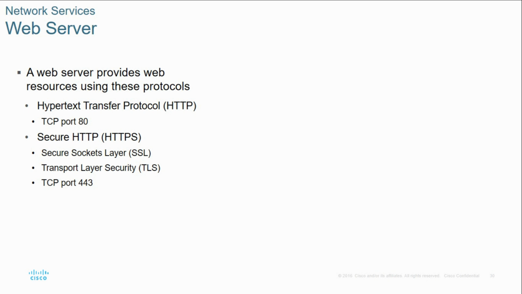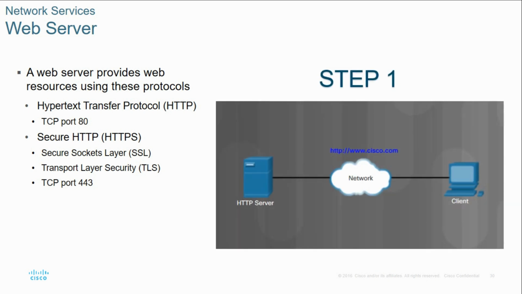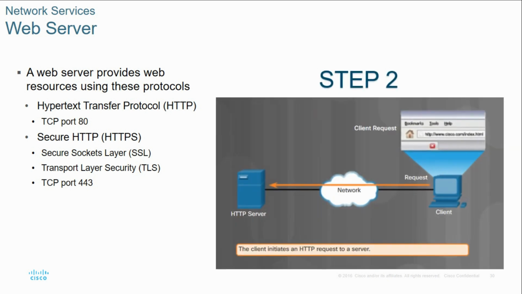To better understand how the web browser and web server interact, let us look at the given example. In step 1, the browser interprets the parts of the URL: the HTTP, which is the protocol or scheme, and www.cisco.com, which is the server name. In step 2, the browser then checks with the DNS to convert the name into a numeric address, which we discussed earlier.